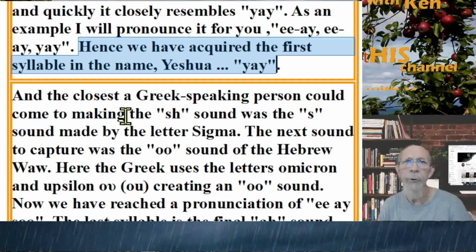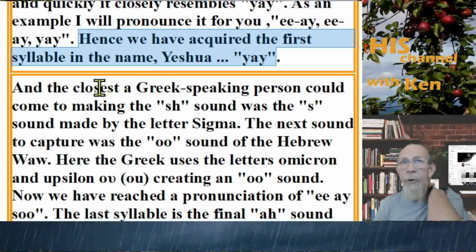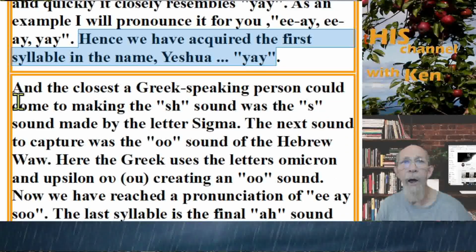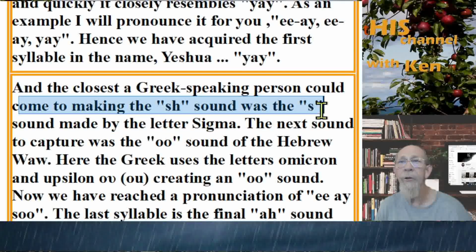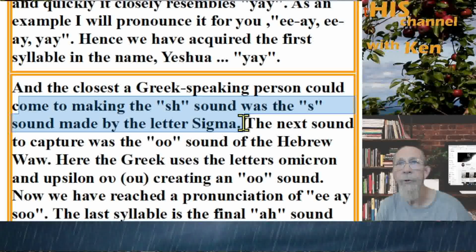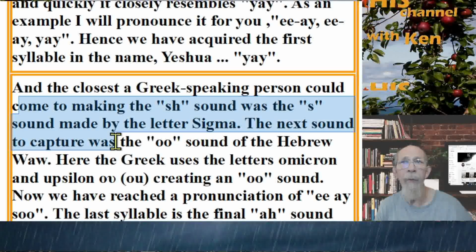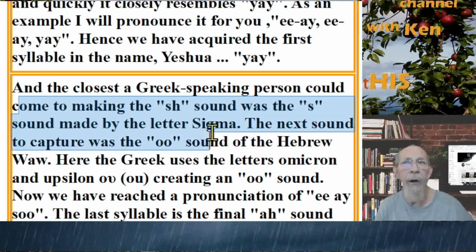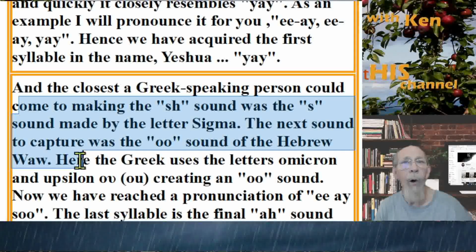And the closest a Greek-speaking person could come to making the SH sound was the S sound made by the letter sigma. No other choice. The next sound to capture was the U sound of the Hebrew wal.